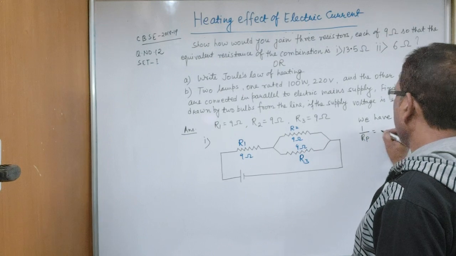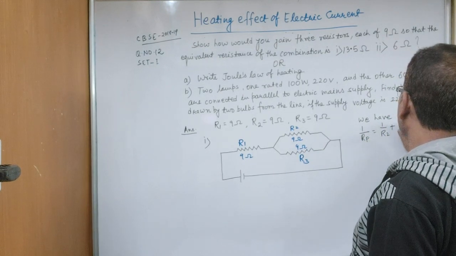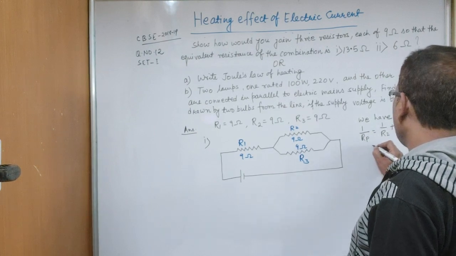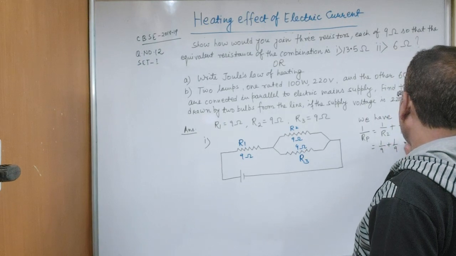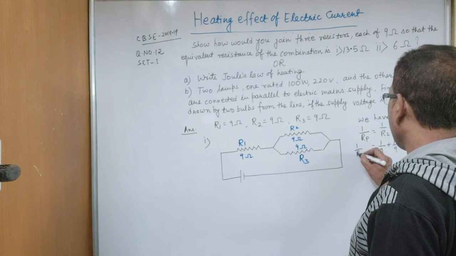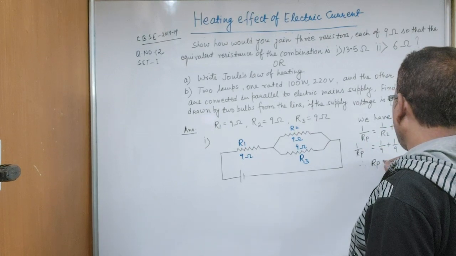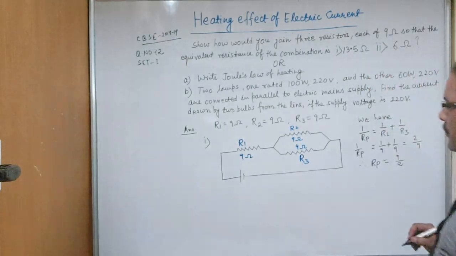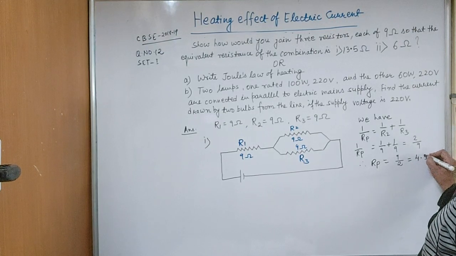So first find the equivalent resistance of these two resistors R2 and R3. So we have 1 upon Rp is equal to 1 by R2 plus 1 by R3. So it will be 1 by 9 plus 1 by 9, so it will be 2 by 9. Therefore, Rp will be 9 by 2, which means 4.5 ohm.